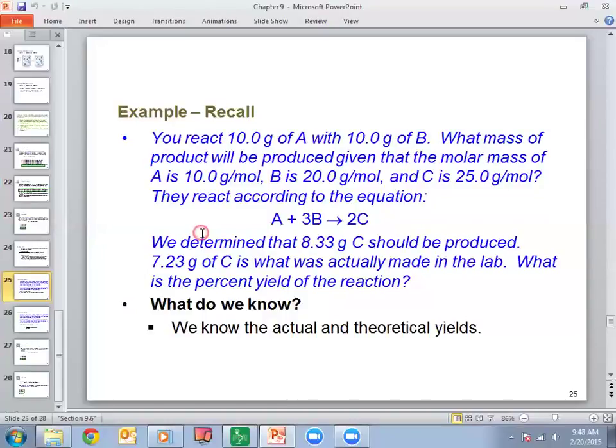For example, it's fairly common for people to stumble on the mole ratio thing. Here's a chemical equation, and you can convert the number of moles of A to moles of C using that mole ratio. That one's commonly something that people are like, I don't quite get that one.